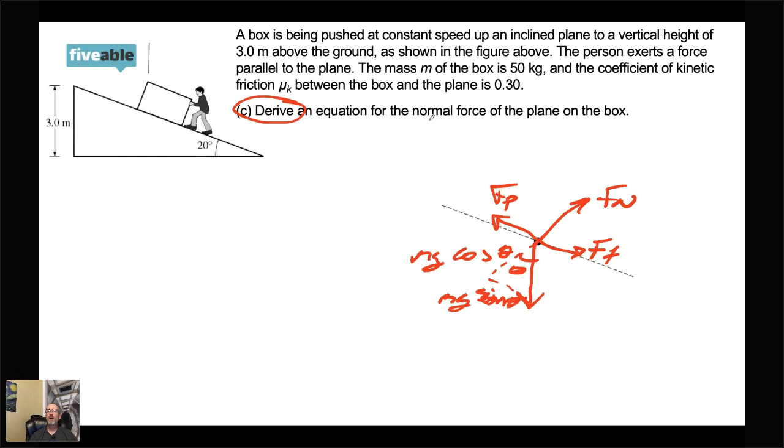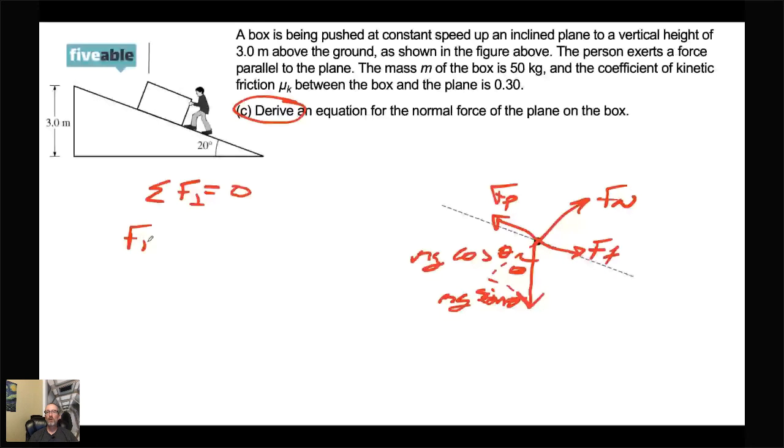So they want us to find the normal force. Normal force is the sum of the forces in the perpendicular, so that would be this way. And that should be equal to 0 because it's not accelerating up or down the hill, and by up or down, I mean perpendicular to the hill. Because it's not accelerating, we know that up is positive, so that would be Fn.